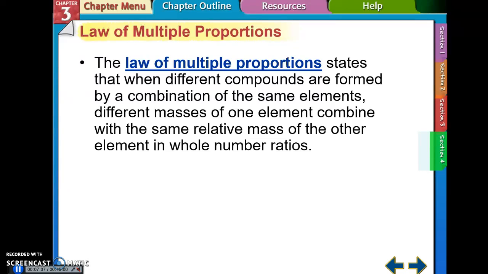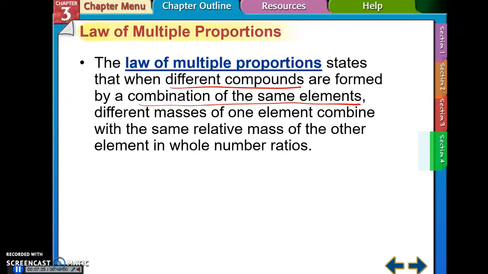Basically what it states is that if you have different compounds, so we're not talking about water and water, now we're talking about water versus sugar, or water versus hydrogen peroxide, and they are formed by a combination of the same elements. Still remember, different compounds, same makeup.